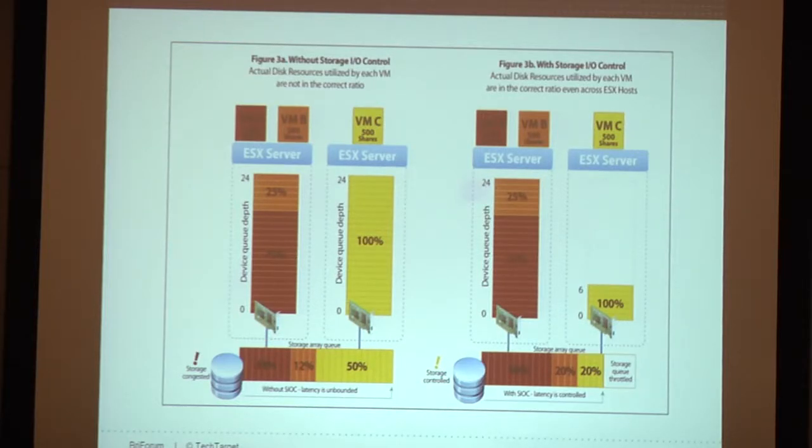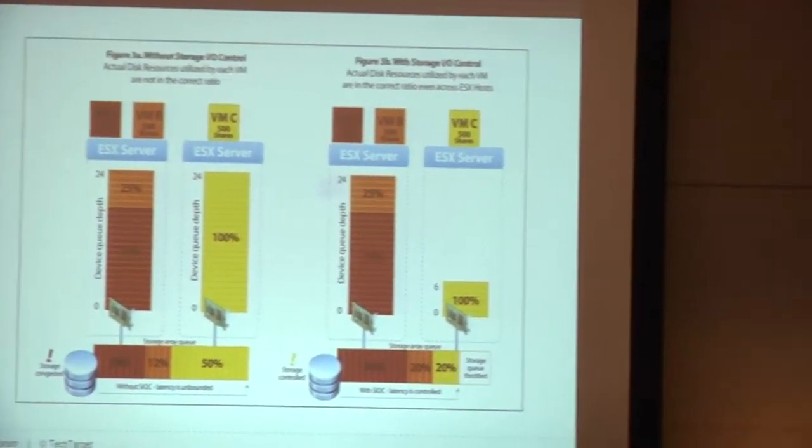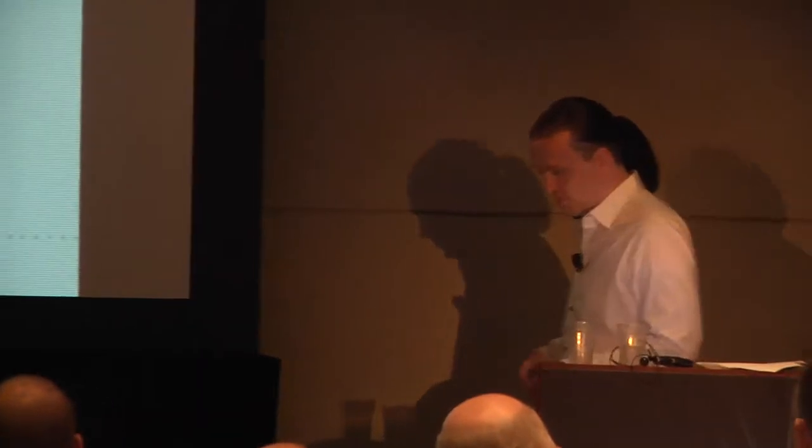So storage I/O control is a way to enforce quality of service, and it works at a cluster level. It means that you can assign shares to your VMs, and you can then assign your queue depth to prevent congestion on your storage layer. It means that you can get a better user experience by guaranteeing performance to your VMs.